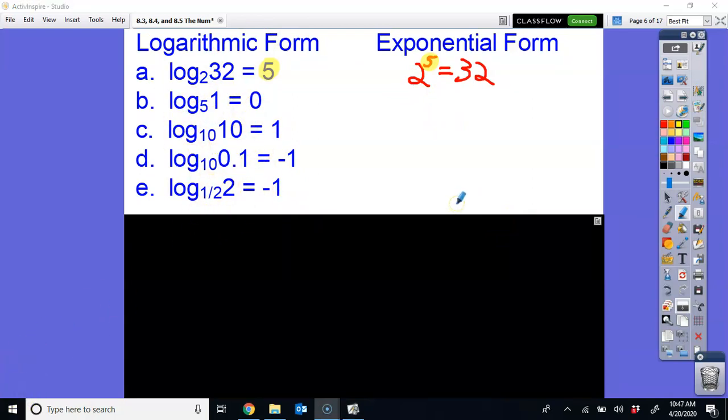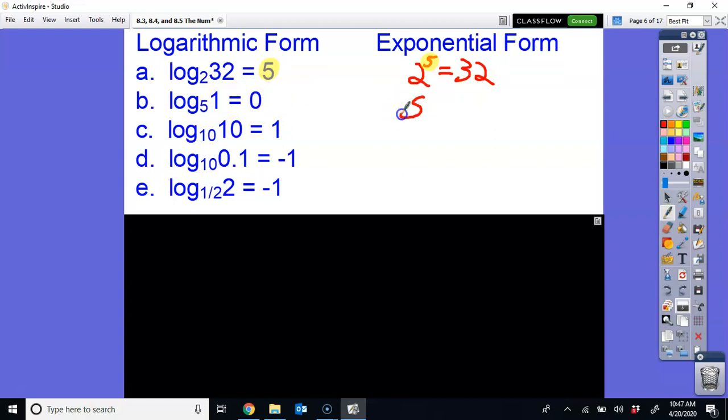All right, so hopefully you tried them. So let's take a look. Log base 5 of 1 is equal to 0. Now I know that looks kind of weird because I just told you that an exponent is the answer to the logarithm. But think about it. What the logarithm definition says is this base raised to this exponent equals this number.